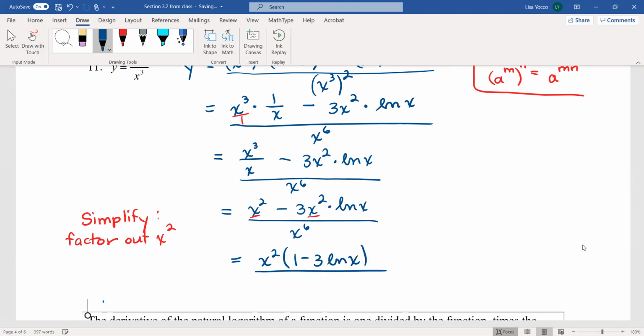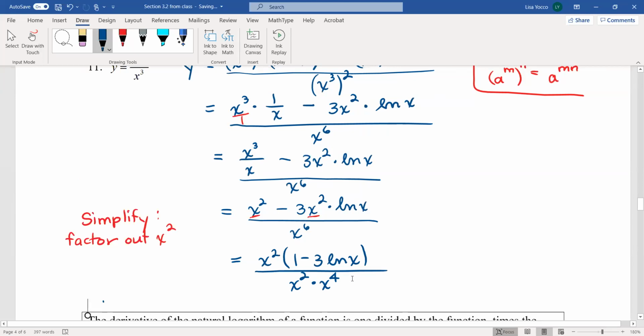Now, when I took out the x squared from the first term of the numerator, I'm left with a 1, and then 3 minus 3 ln of x. And for the denominator, I want to factor out an x squared.